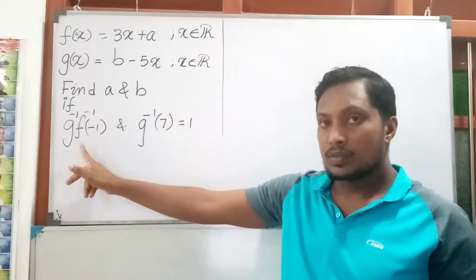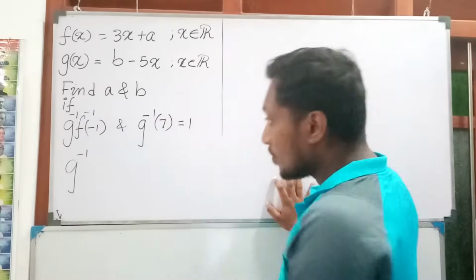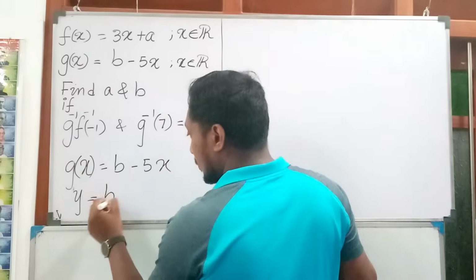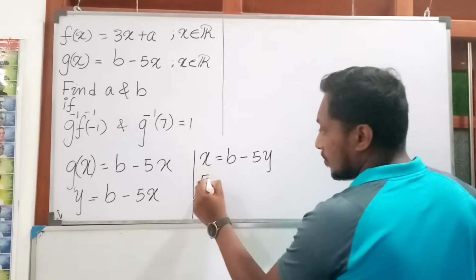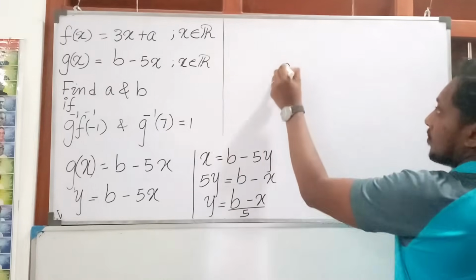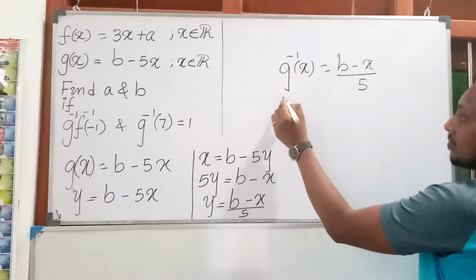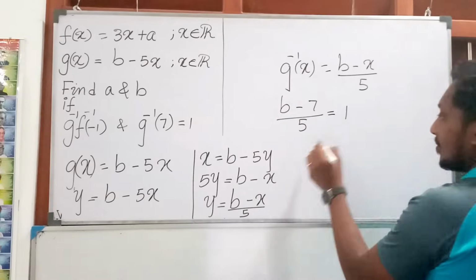So there are two conditions, but I will use the second condition first because we can easily find the value of b using that. That means first find the inverse of g, substitute the value 7 and equate that to 1. Then you solve it, and you can easily get the value of b is 12.